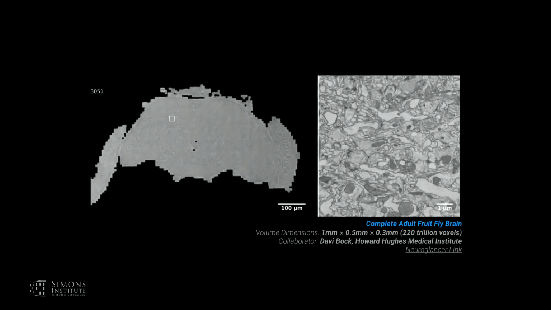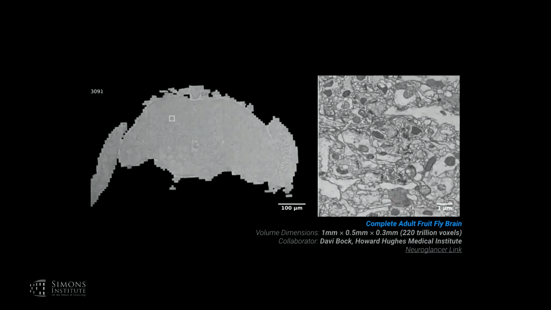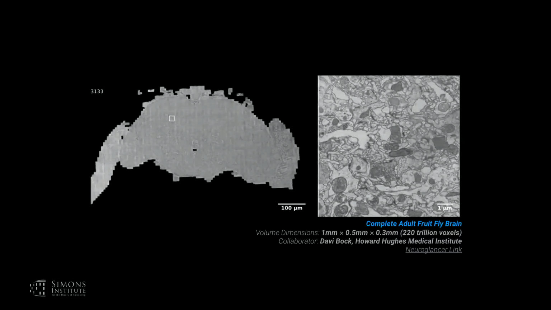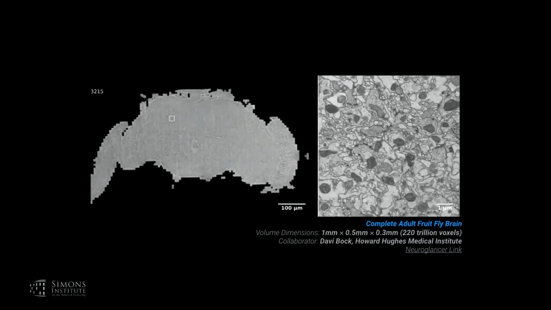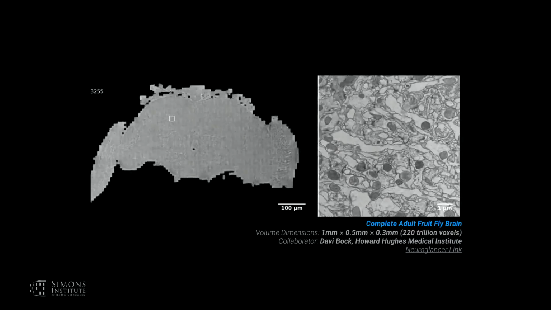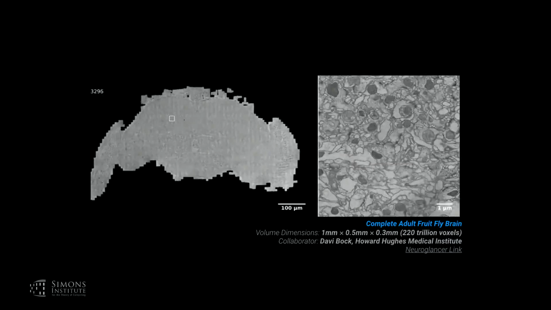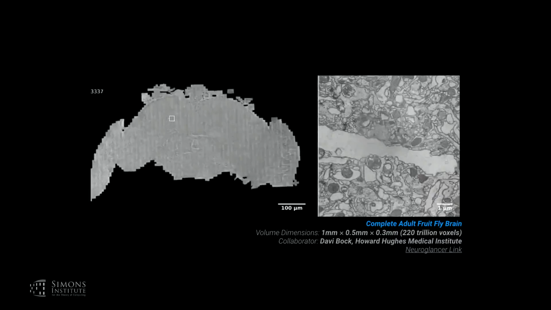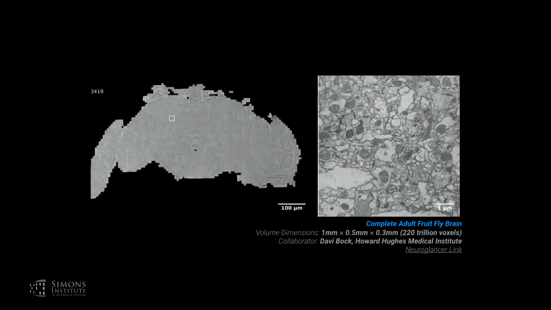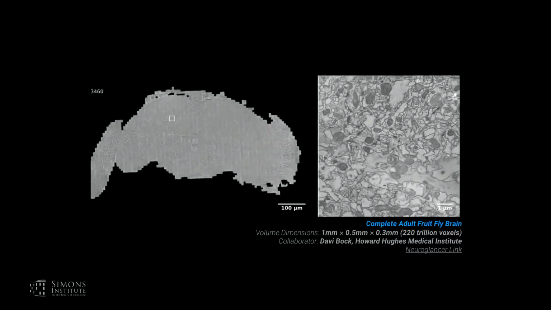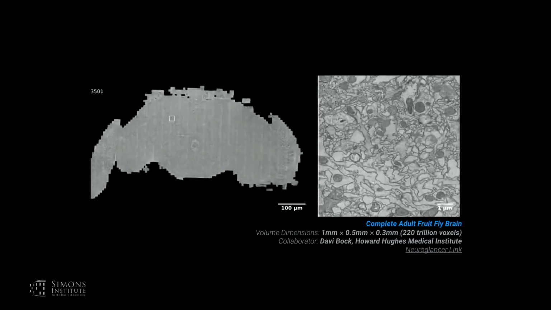One comes from Claire Reed's former student, Davi Bach, who's been at Janelia for a number of years, and has now imaged the first complete Drosophila brain using serial section transmission electron micrograph technology. It's really an incredible achievement to be able to go through the entire fly brain as a single 3D image and see all the different parts and structures there.